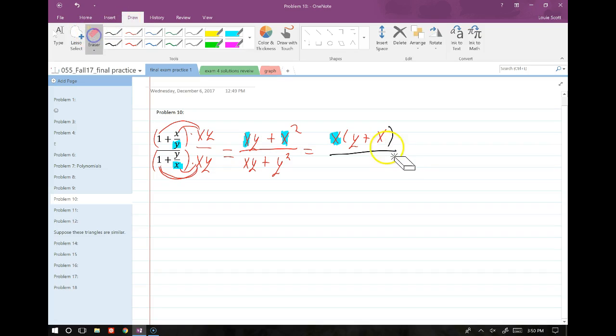All right, and then on the bottom, I have a y in both terms. I have 2 here and 1 here, so I'm going to pull them out. Now I have y times x plus y. Take note, this is the same as this, so those will cancel. And I'm just going to have x over y remaining.